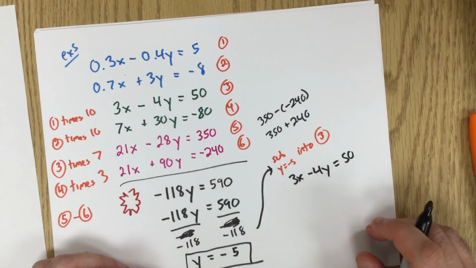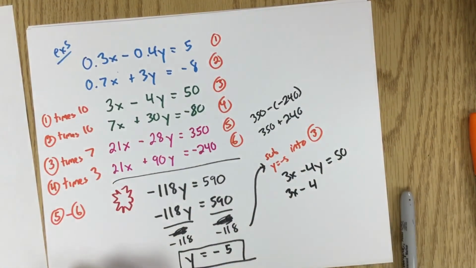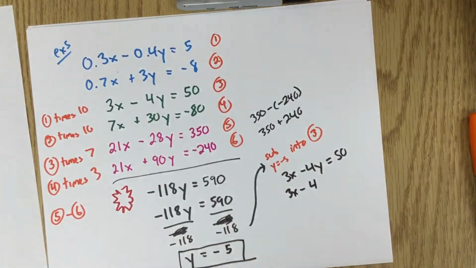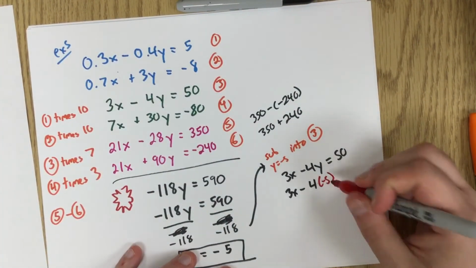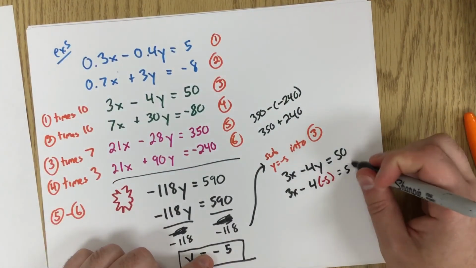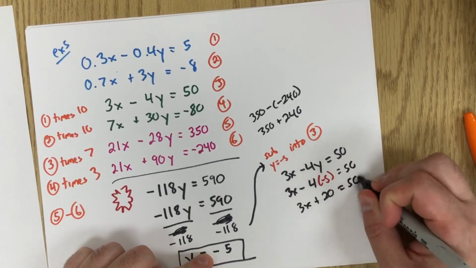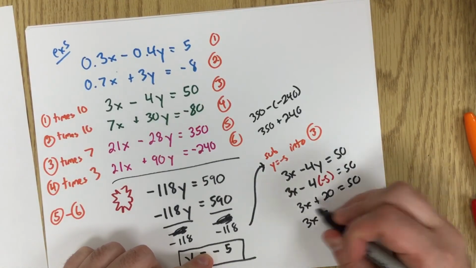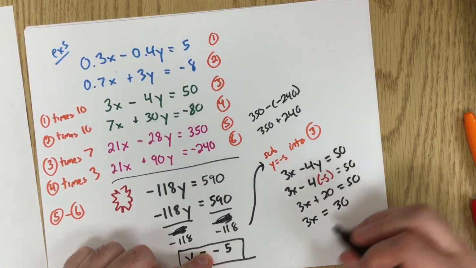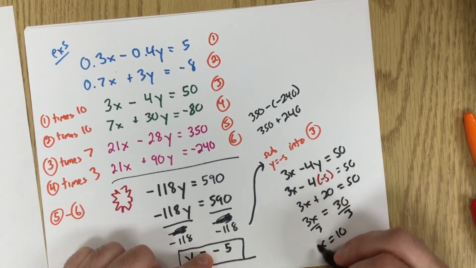The y is negative 5. So 3x minus 4 times negative 5 is 50. 3x plus 20 equals 50. 3x, bring the 20 to the other side, is going to be 30. Divide both sides by 3. X equals 10.